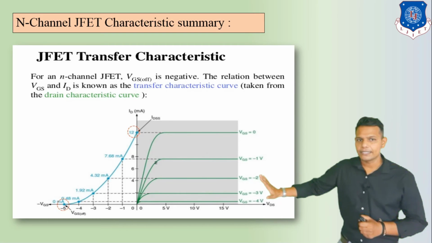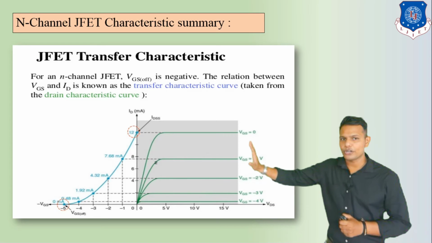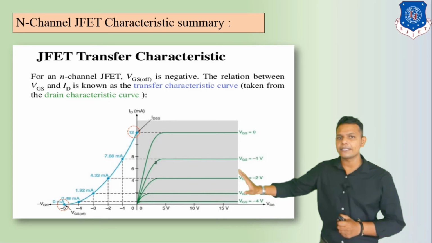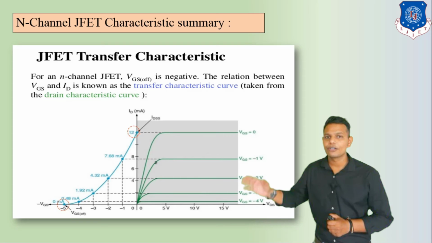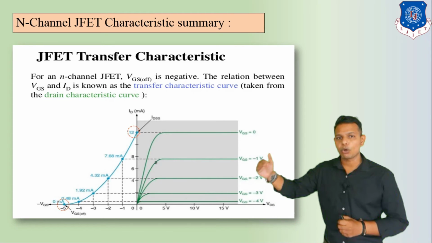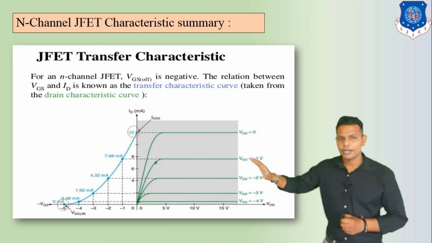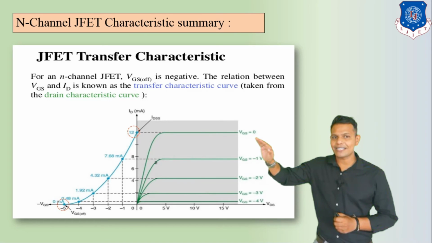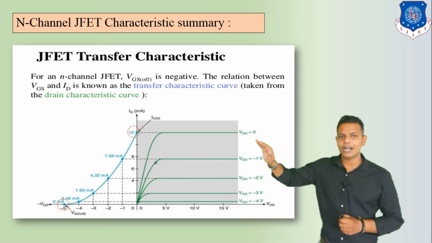Here we can see the drain characteristics, or output characteristics, of N-channel JFET, which we have plotted already. First, VGS is equal to 0; we are going to start with that.